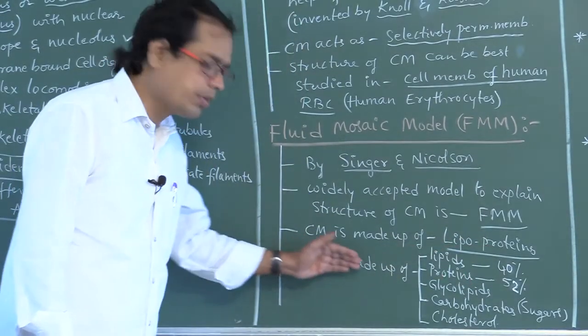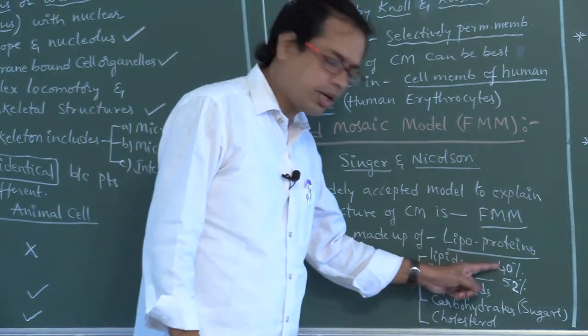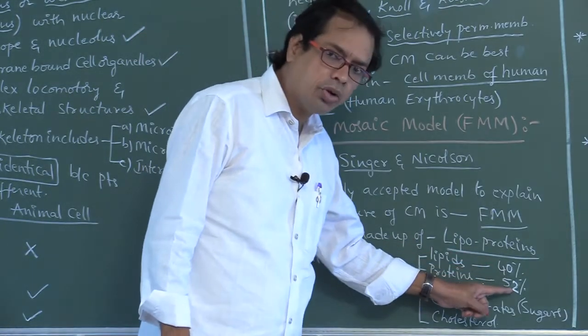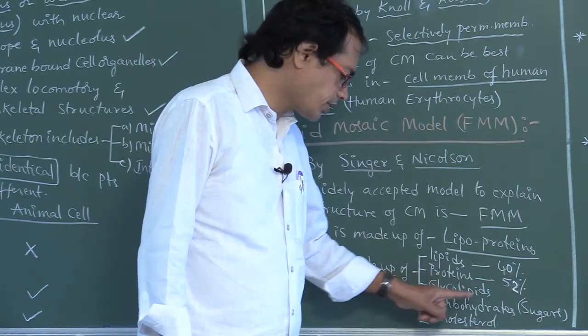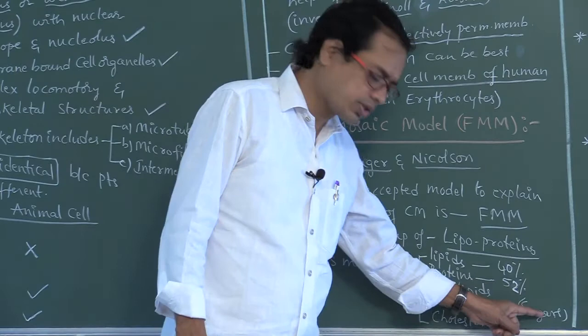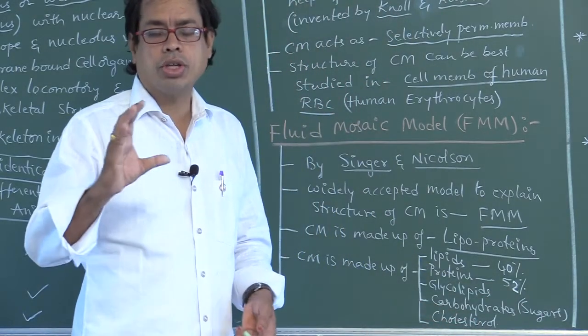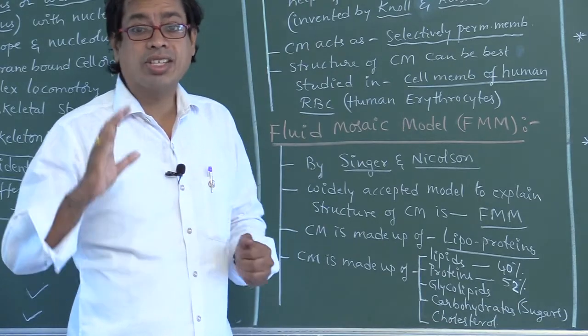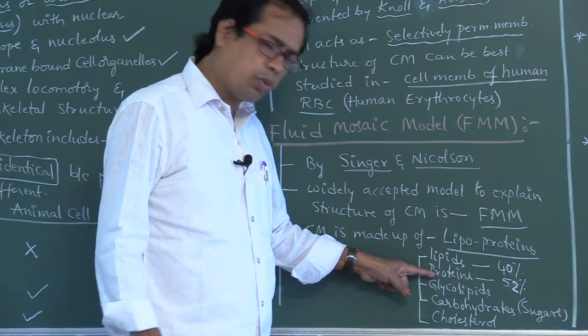Right. What is the composition of the cell membrane? Lipids 40%, proteins 52%. Other components are also there: glycolipids, carbohydrates like sugars, and cholesterol. The highest component in the cell membrane is proteins.